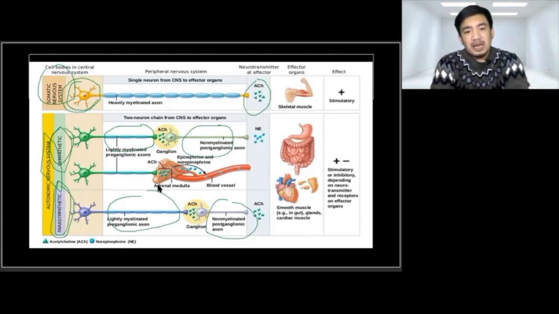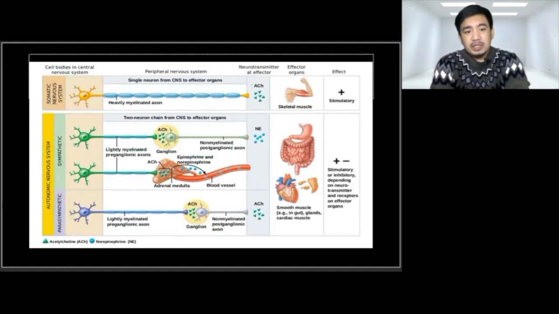Both of their preganglionic axons are myelinated and both of their postganglionic axons are non-myelinated. All right. So technically, that is the main difference between the neuron system of the somatic nervous system and the autonomic nervous system. It was also mentioned in our physiology, the special ganglion under the sympathetic nervous system, which is the adrenal medulla.